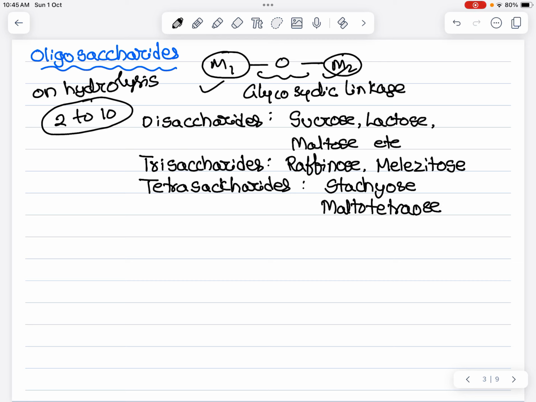On the basis of monosaccharides attached with glycosidic linkages, we can classify further into disaccharides, trisaccharides and tetrasaccharides.